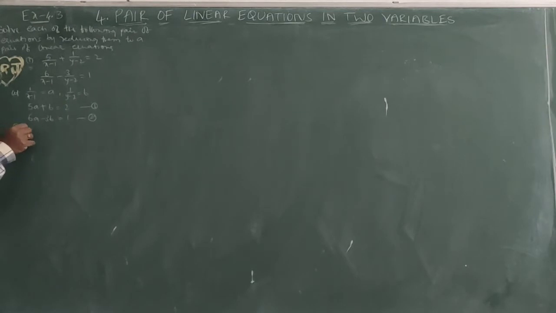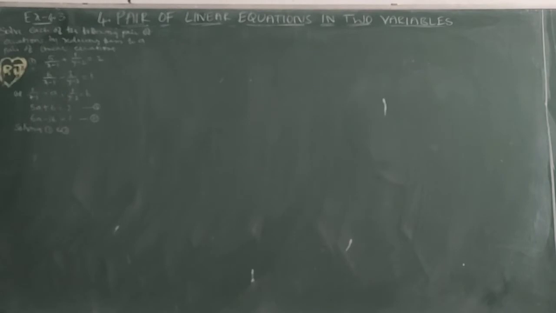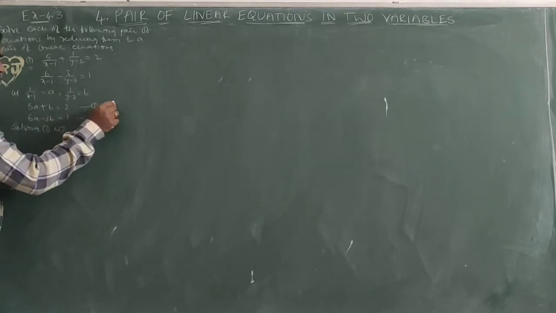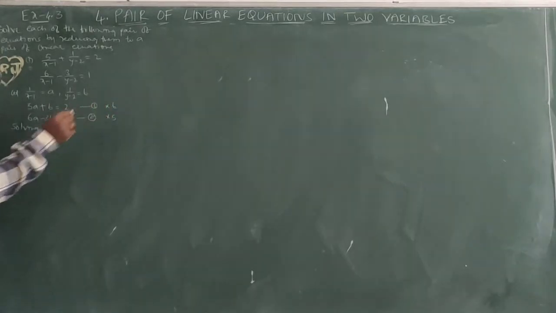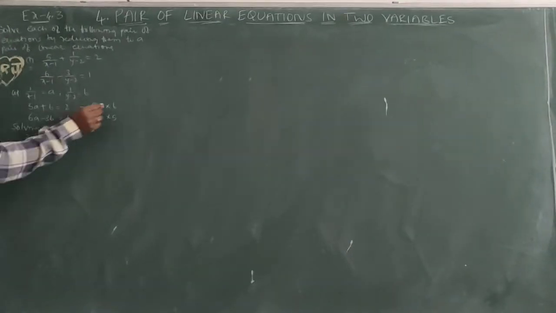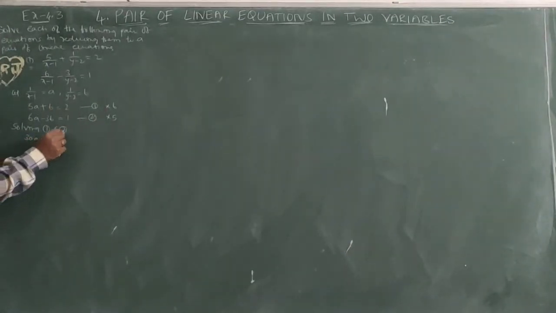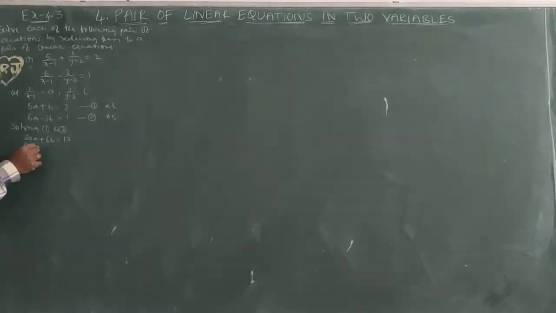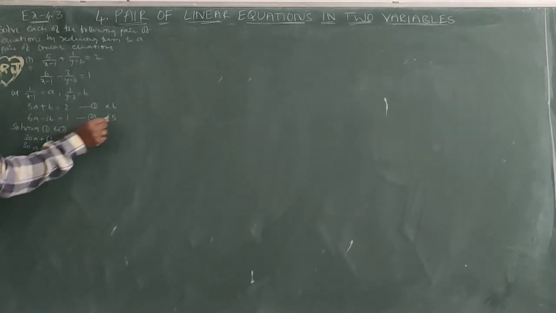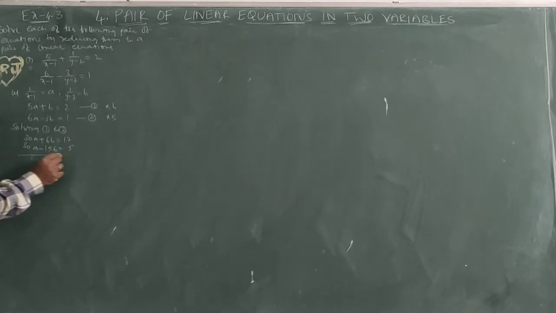Solving 1 and 2. I want to solve 1 and 2. The coefficient of a is 5 and 6. This 5 is multiplied with this equation and 6 is multiplied with the other. 5 into 6, 30a, 6 into b, 6b, 2 into 6, 12. 5 into 6, 30a, minus 3b into 5, minus 15b, 1 into 5, 5.